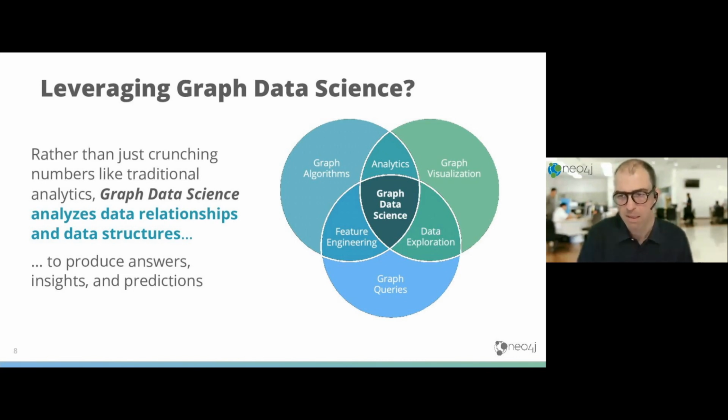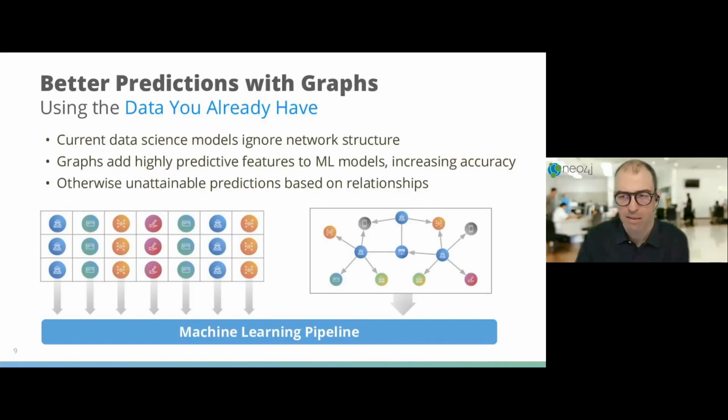It's going to tell us, based on structural analysis, number crunching, and looking at the nature of the networks that we are storing in our graph data platform. We're going to look at that and we're going to see, okay, these parts are more important. Those parts are belonging together. Those parts are similar to one another. That's what we're going to be looking at with data science. And it's going to give us a lot more predictive power.